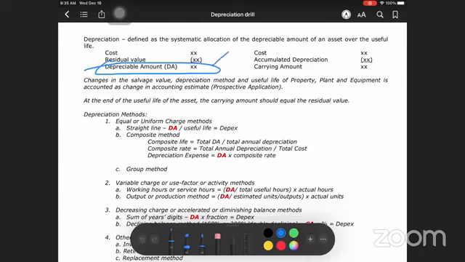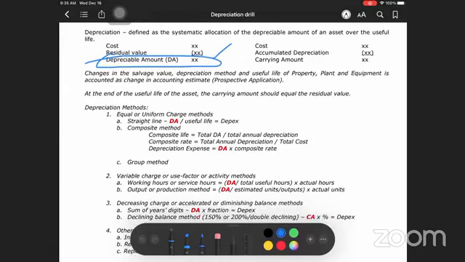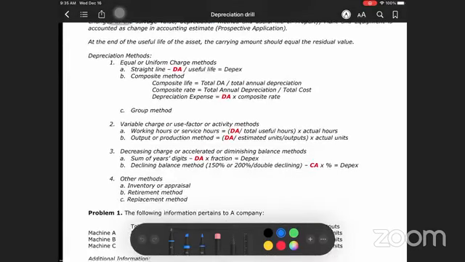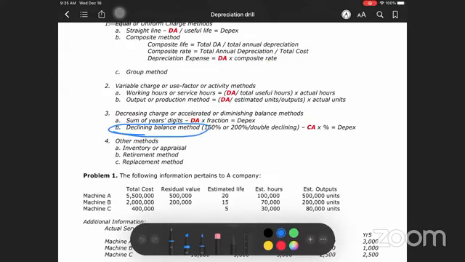This is your base amount before you depreciate the property, plant, and equipment. Okay, all the depreciation methods, depreciable amount ang basis except for double declining. Okay, take note ha. All depreciation method, the base amount is depreciable amount except for the double declining balance method. Why?